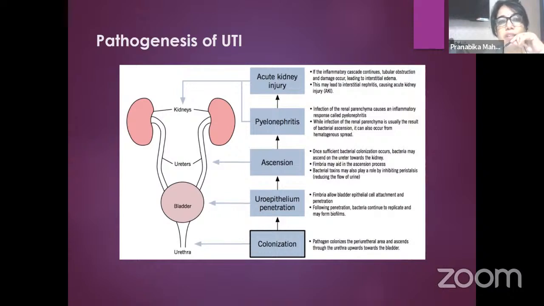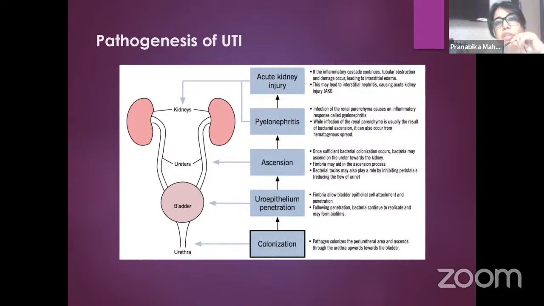Then it will ascend to the kidneys and cause infection in the renal parenchyma, which causes an inflammatory response called pyelonephritis. While infection of the renal parenchyma is usually the result of bacterial ascension, it can also occur from hematogenous spread, from the blood, but ascension is one of the most important causes of pyelonephritis.